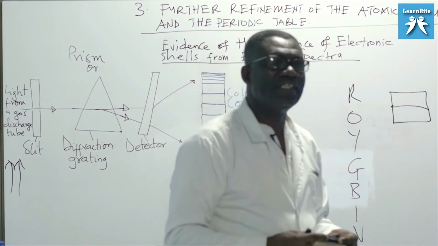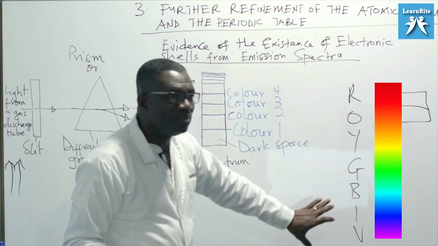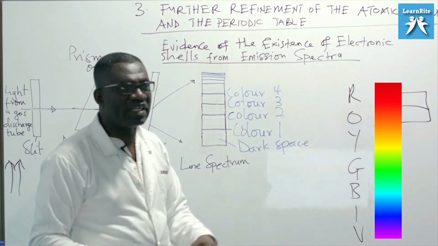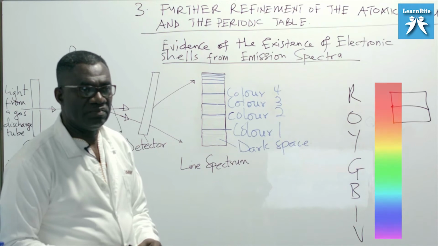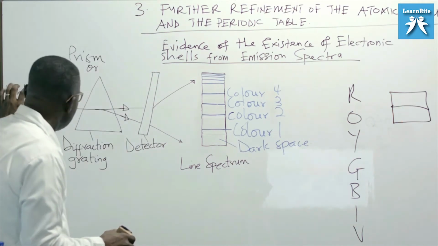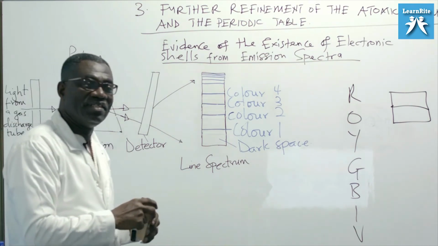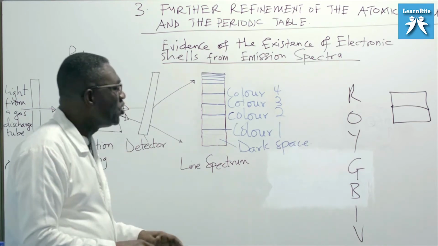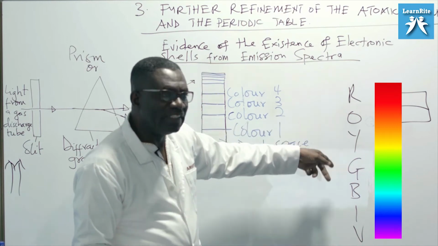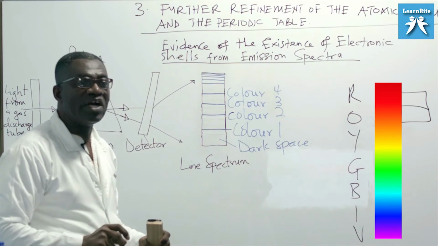What do you see? Do you also see a continuous spectrum, a range of light that dovetails or emerges into each other like that? That is not what you see. If it's coming from an atom, or the gas that you are using contains an atom, then because there is something within the atom, you don't see it becoming continuous, red going into orange, orange into yellow, that fine range of colors called a continuous spectrum.